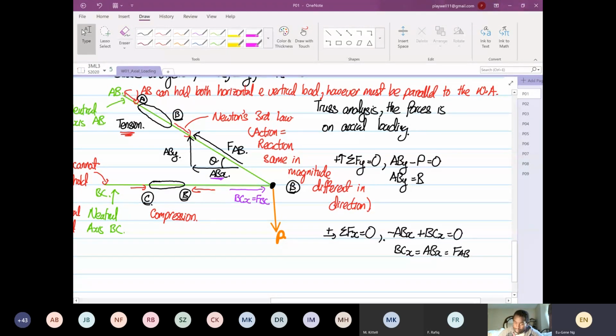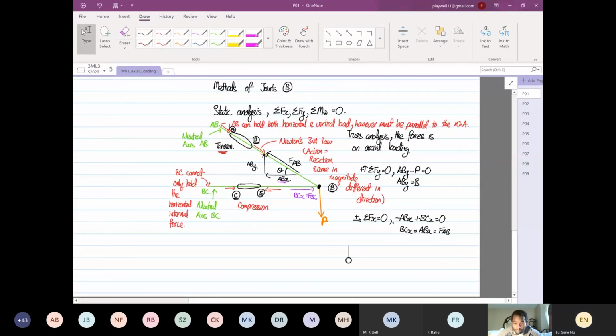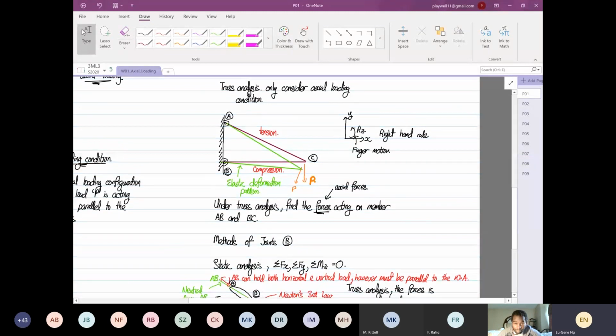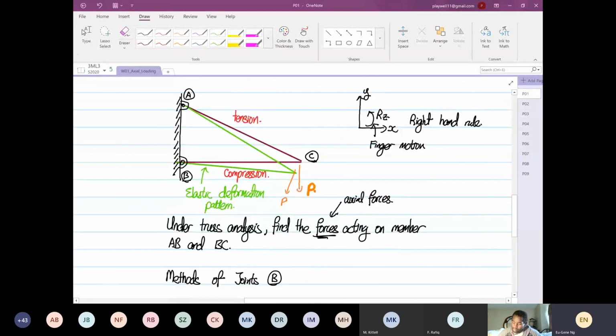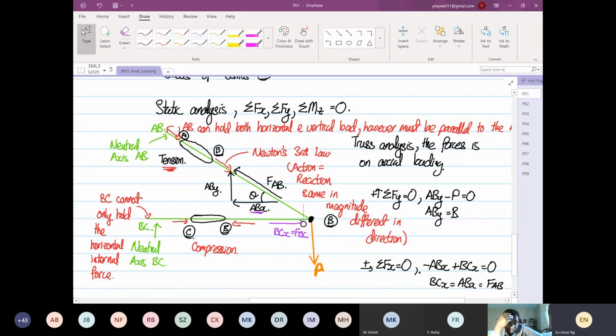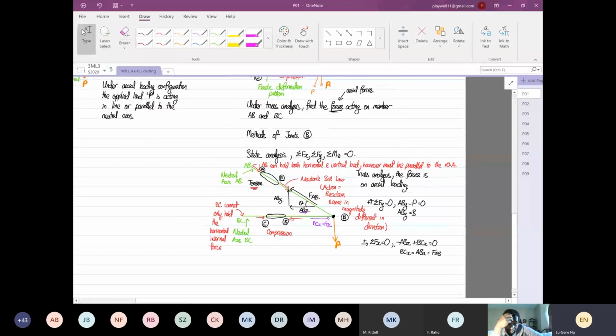Okay. So two different ways of analyzing the structure. Outcome is the same. One is based on deformation, right? Some of you have very good visualization because you play a lot of Lego, for example. You can use this technique. Those of you that don't have that visualization skill or don't have the confidence yet, you need rules.